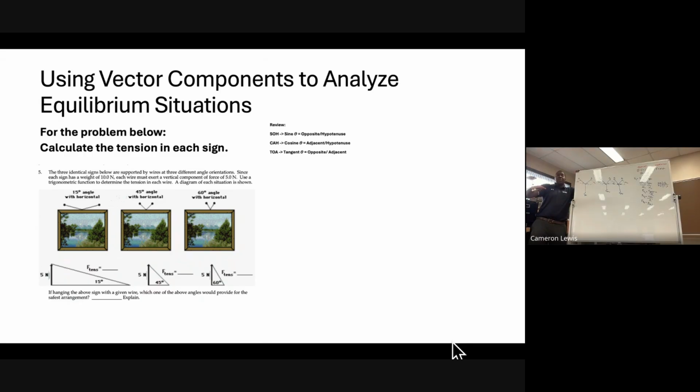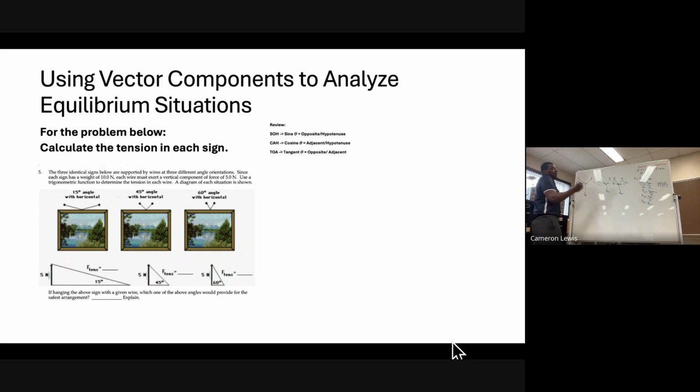Now if I'm at 45, it'll be a little bit steeper. Then if I'm at 60, it'll be a little more steep. So now we want to see how that affects the actual value that we have here. Now, how can we do that? In each scenario, we can pull out each one of these and make these individual triangles.